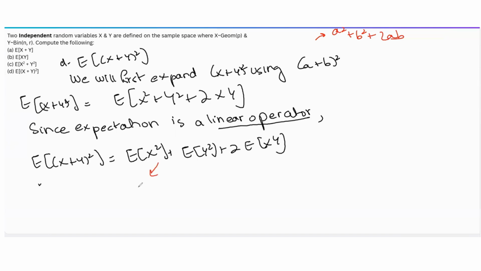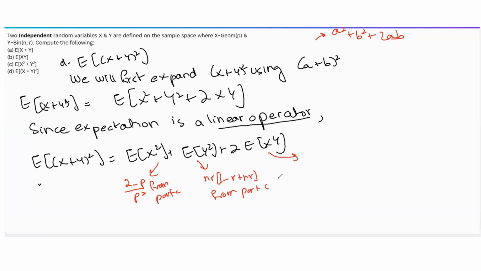Now, this we just found to be (2 minus p) by p squared from part C. This we just found again in part C, to be nr(1 minus r plus nr). And this we found in part B, which was the only place we've used the fact that x and y are independent, right?